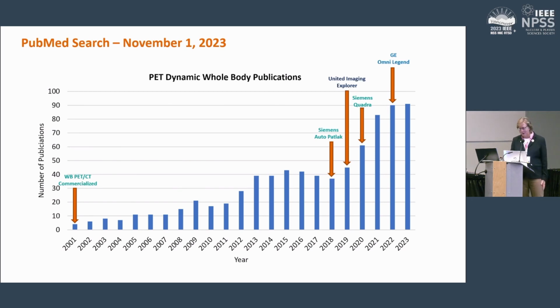And then, of course, the big guys came on the block. So we had the 2-meter scanner from United Imaging in 2019. The Siemens Quadra came in 2020. And then the GE Omni Legend was in 2022. And as previous speakers had mentioned, Ramsey, I think this is just going to keep going up. There's just so much work that needs to be done here.